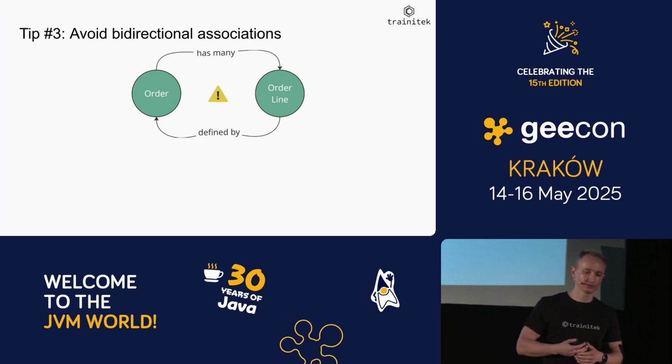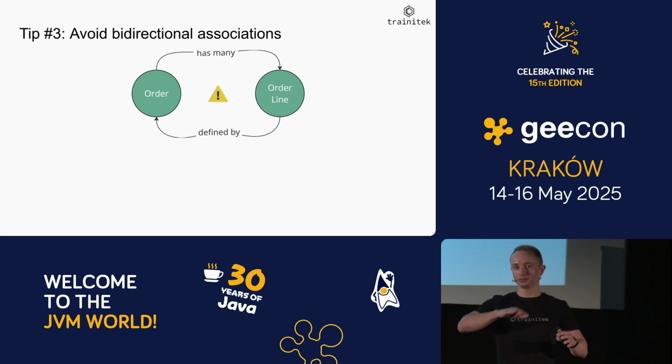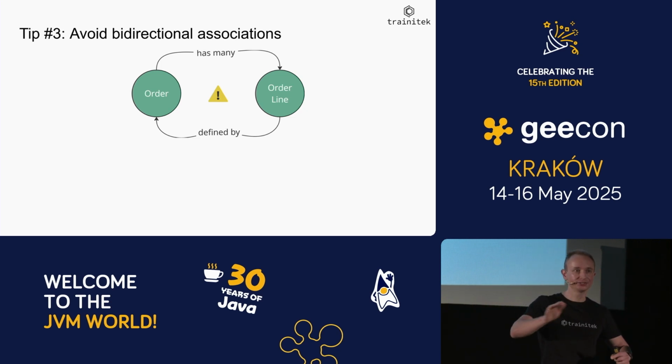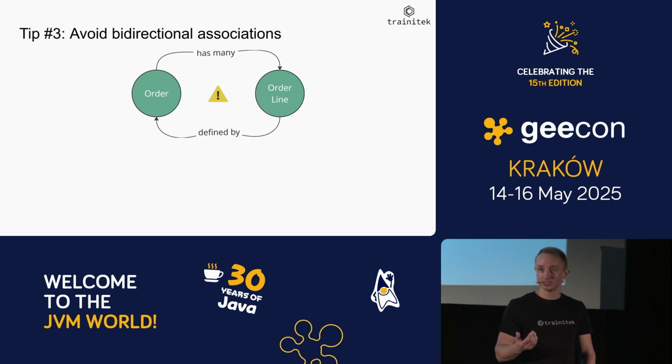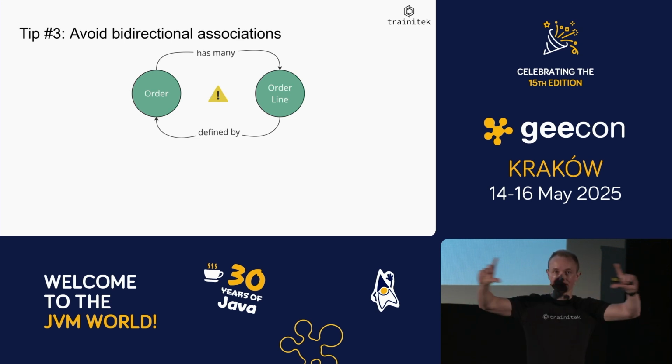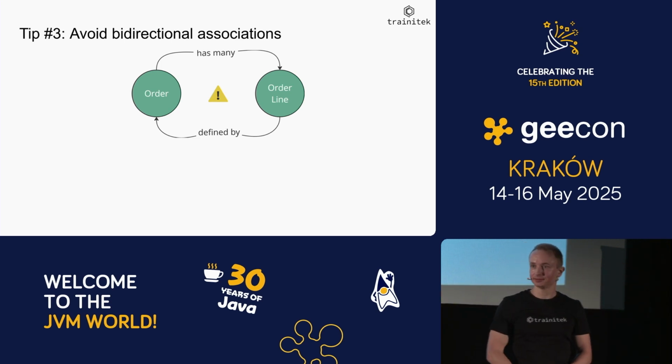He created a part of the model where he applied bidirectional associations literally everywhere. I asked why. The answer was: because I could. And the documentation of JPA in Hibernate shows how to do that. It's such a pity that there is no warning: please consider whether you need it at all, right?